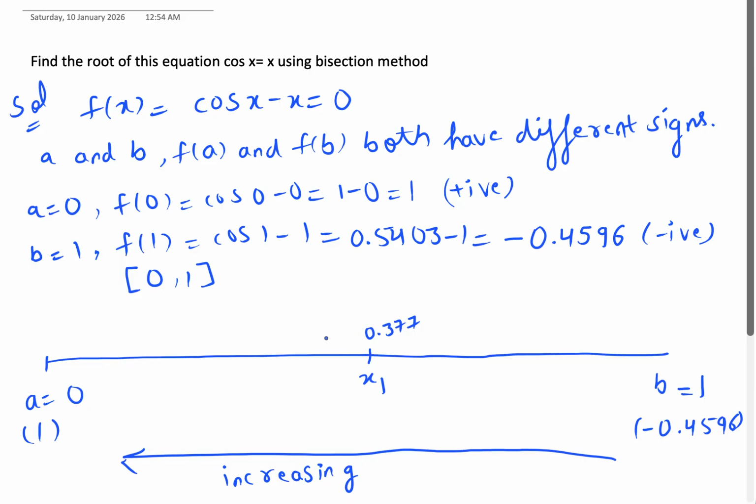Now if I go towards the left, the value is increasing, but now we need to decrease it because the 0 will now be somewhere between x1 and b. Here will be 0, so I am going to find the next root, that will be x2, and it will be between here. Let's try to find it between x1 and b.